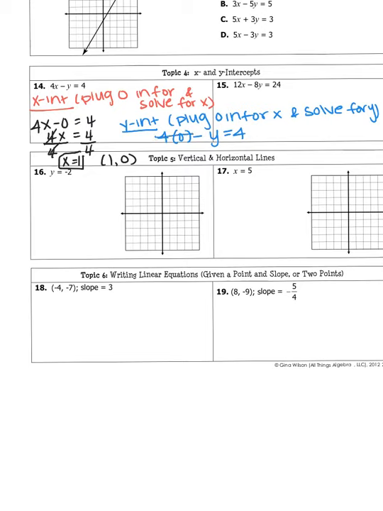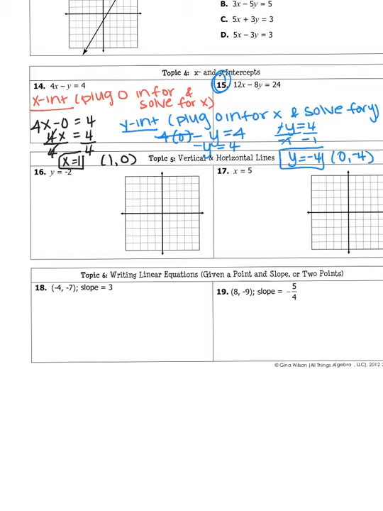Well, 4 times 0 is just 0. So I'm left with -1y equals 4. I'm going to write that over here. To make that a positive, I'm going to divide by a -1. So my answer would be y equals -4. I write that 0, -4.